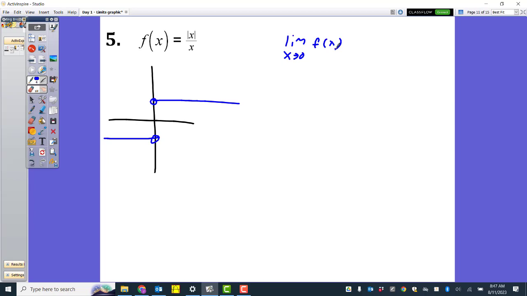We're looking from the left and the right. So if we look at the limit as x approaches 0 from the left, you should be able to see it goes to -1. And then as we approach 0 from the right, it's +1. This time, these don't equal each other.